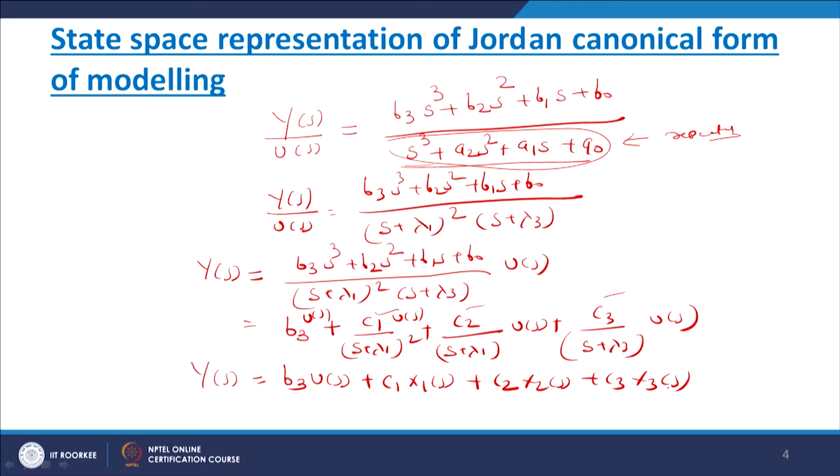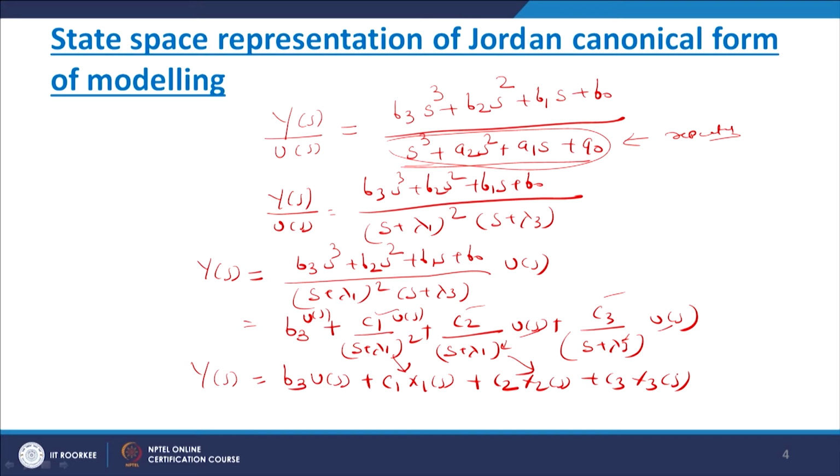What we have done here is that U(s) divided by (s plus lambda 1) square we represent as X1(s), then U(s) divided by (s plus lambda 1) we represent as X2(s), and U(s) divided by (s plus lambda 3) we represent by X3(s).